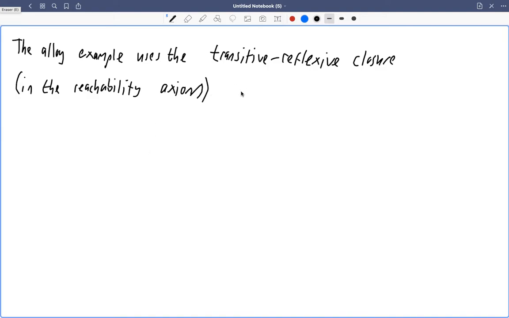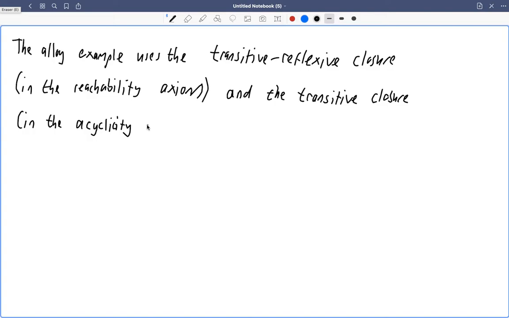Well, we shall see. So it uses the transitive reflexive closure in the reachability axiom, and the transitive closure in the acyclicity property of the contents relation.